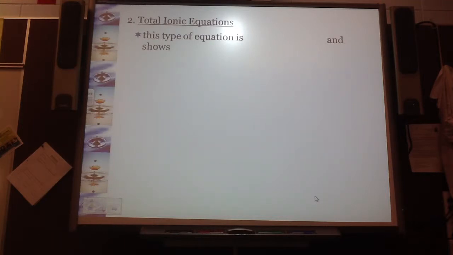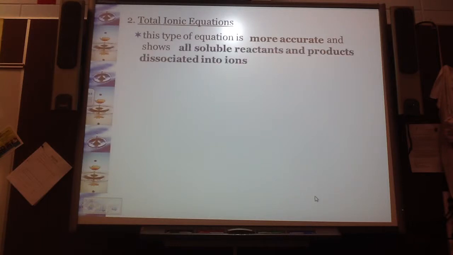So what you've been learning to do with your dissociation, we're going to apply it here now. This type of equation is more accurate and shows all soluble reactants and products dissociated into ions.